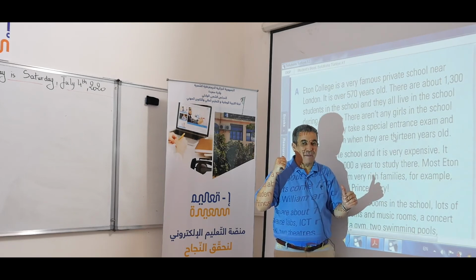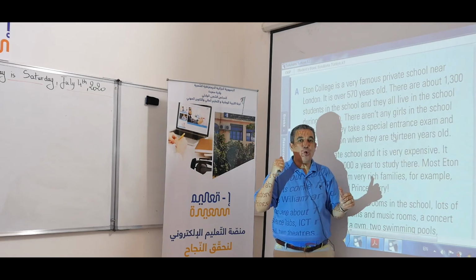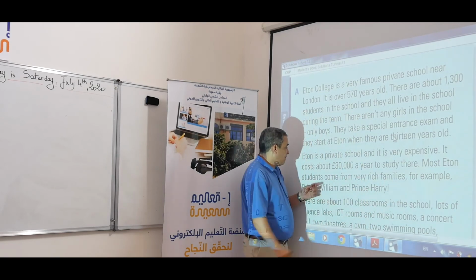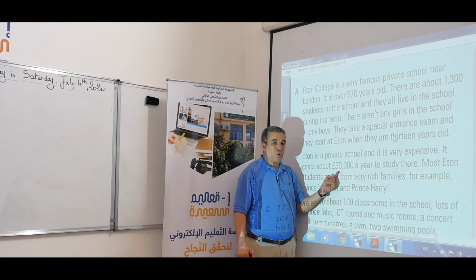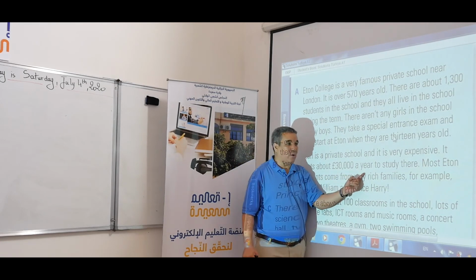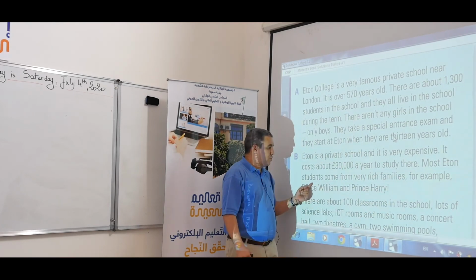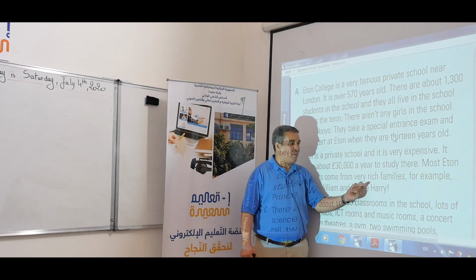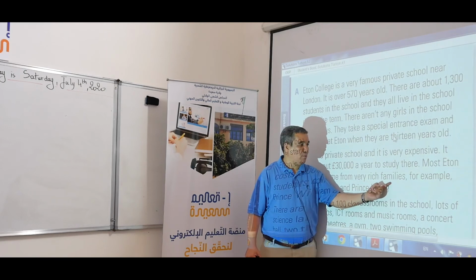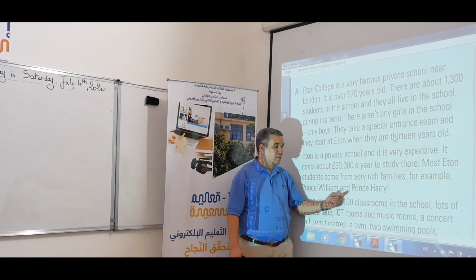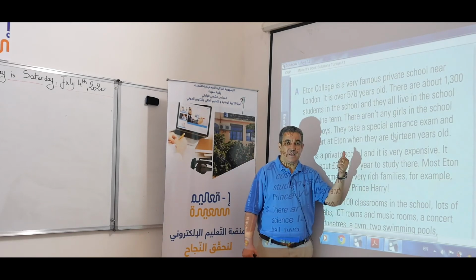Many British families borrow from banks, they take loans. It costs about £30,000 a year to study there. Most Eton students come from very rich families, people with money. For example, Prince William and Prince Harry studied at Eton.